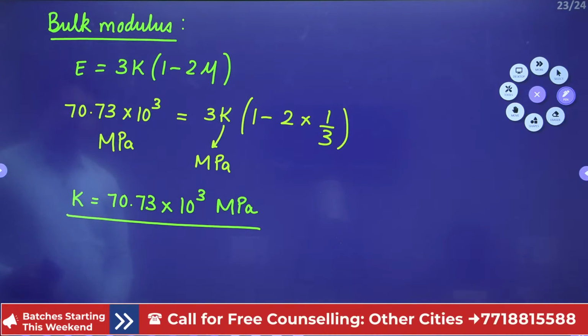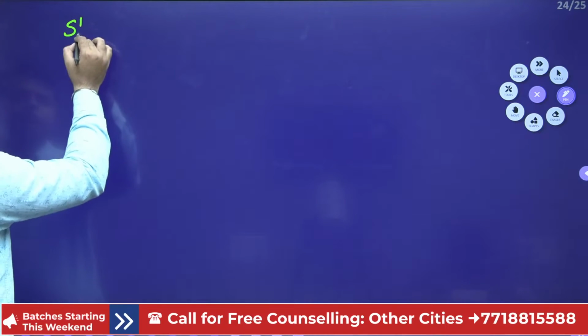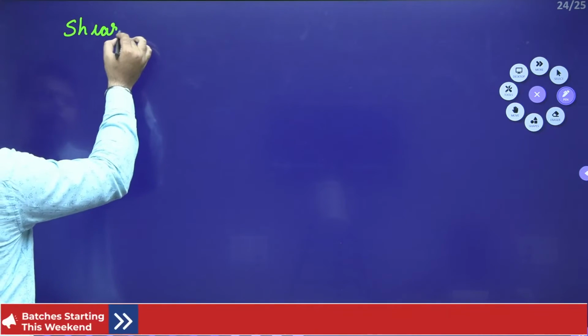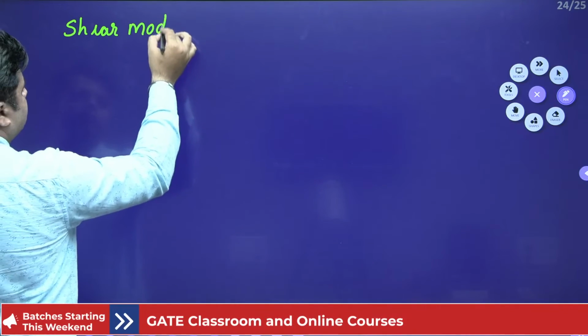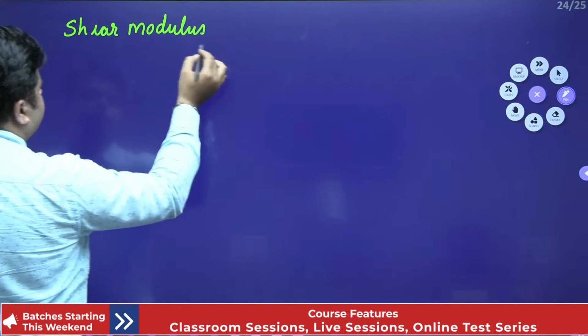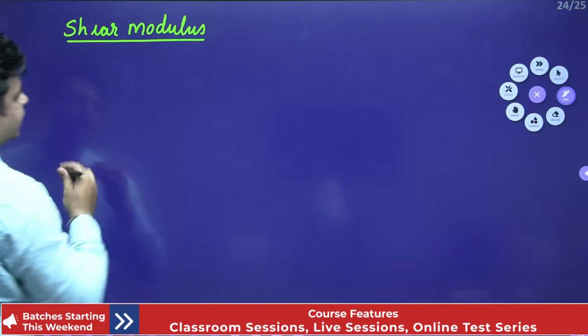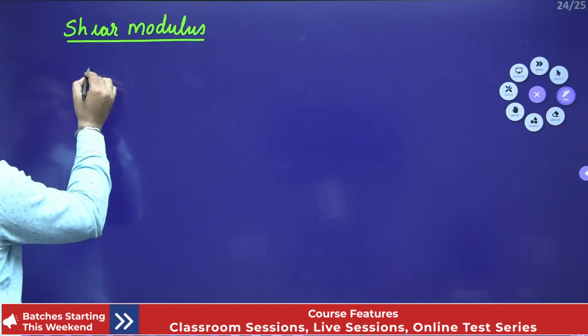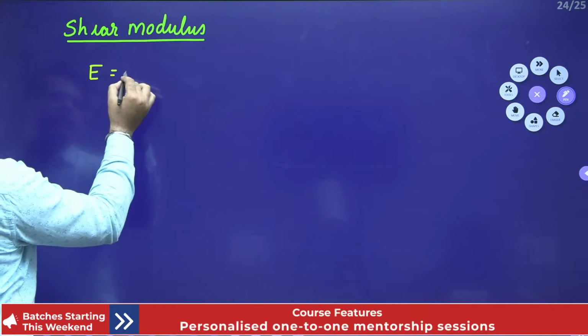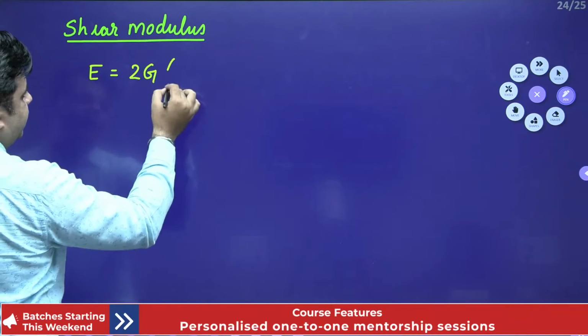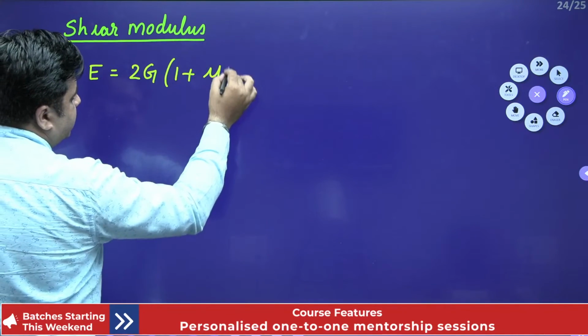The next calculation goes to the shear modulus. For calculating shear modulus, we know that E is equal to 2G into 1 plus mu, right?